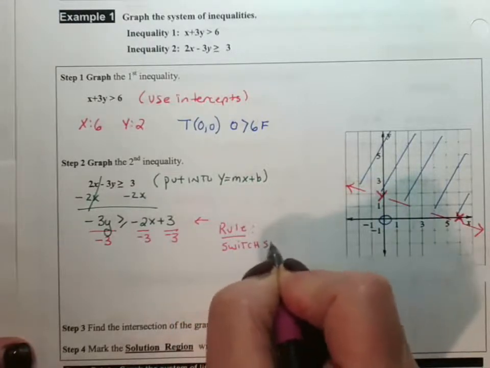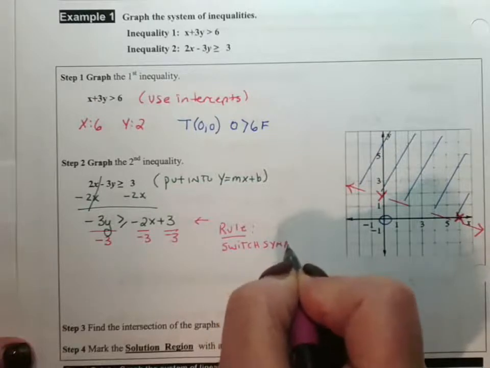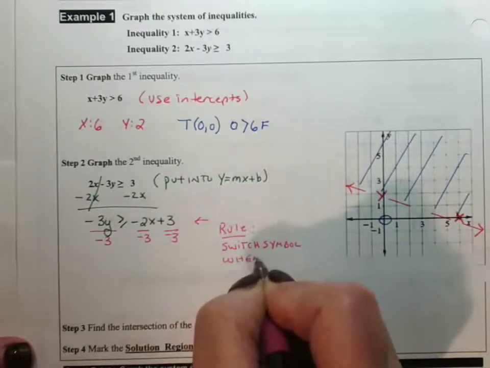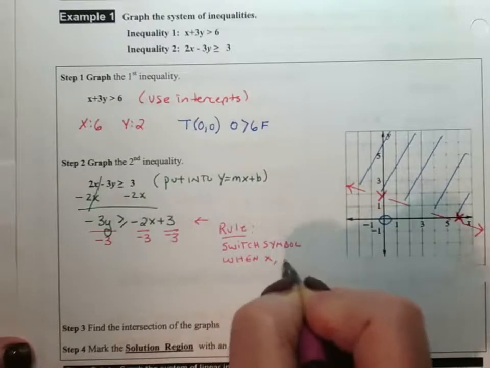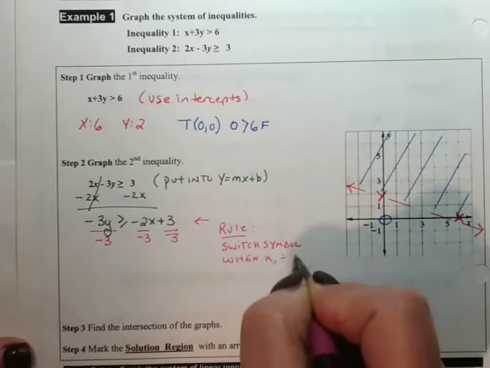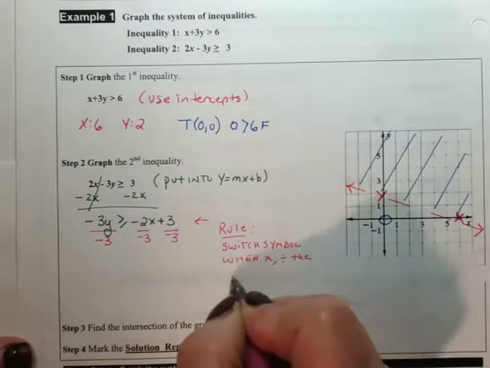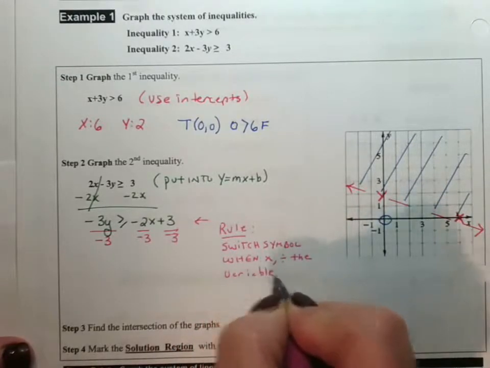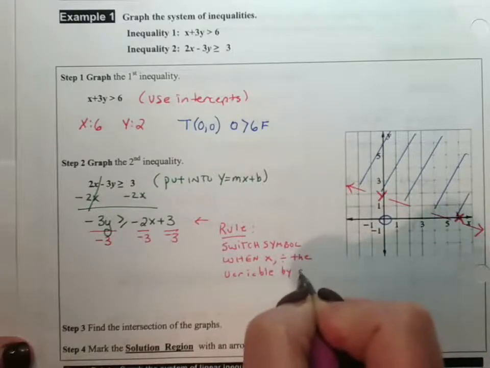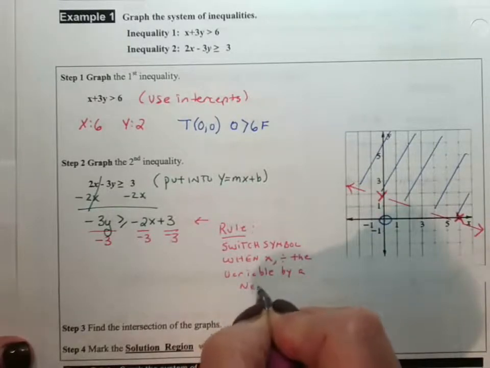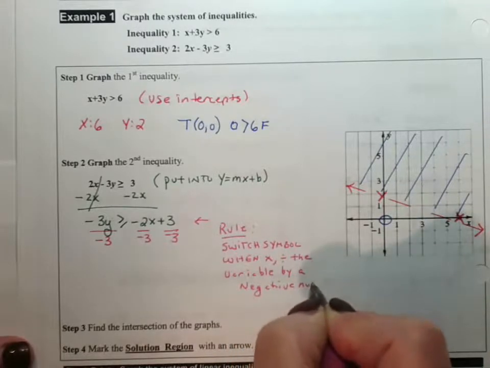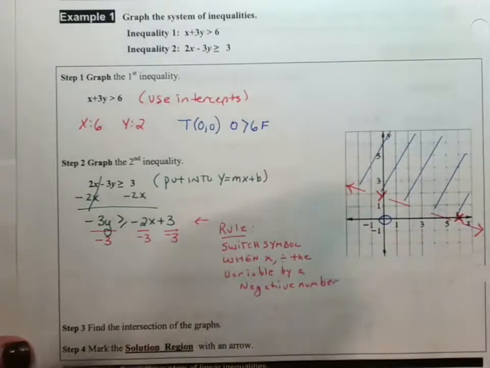Switch symbol when you multiply or divide the variable by a negative number.